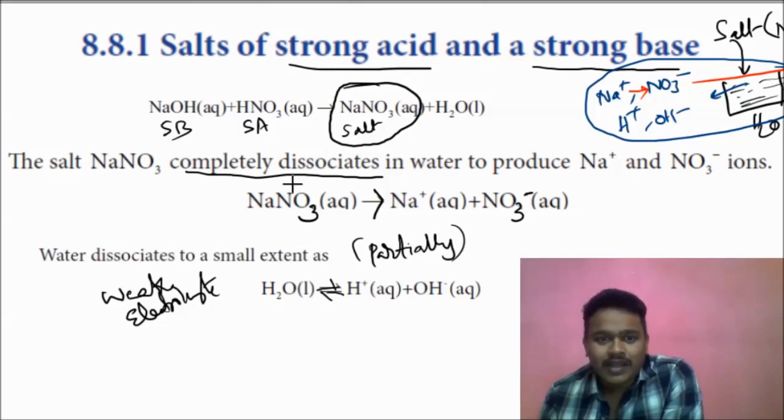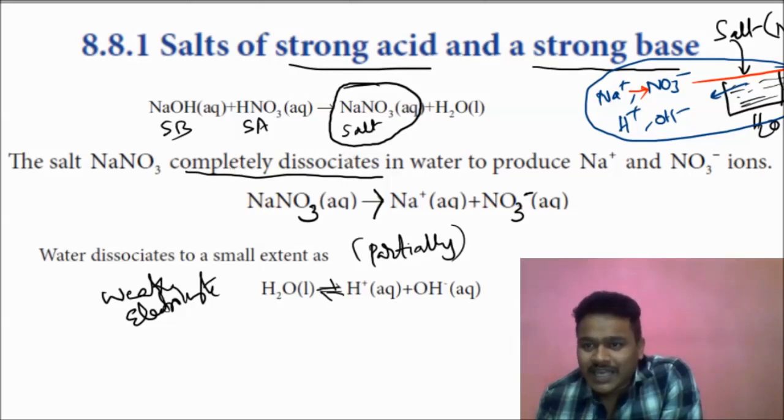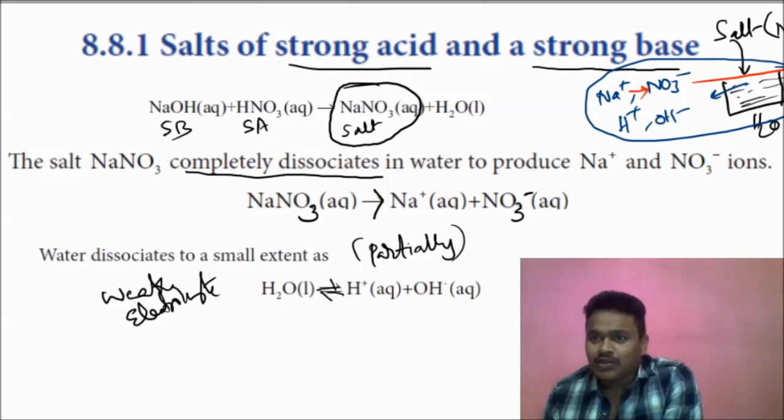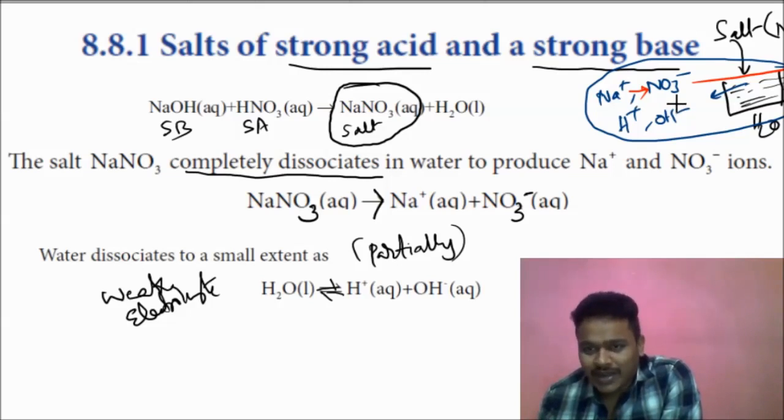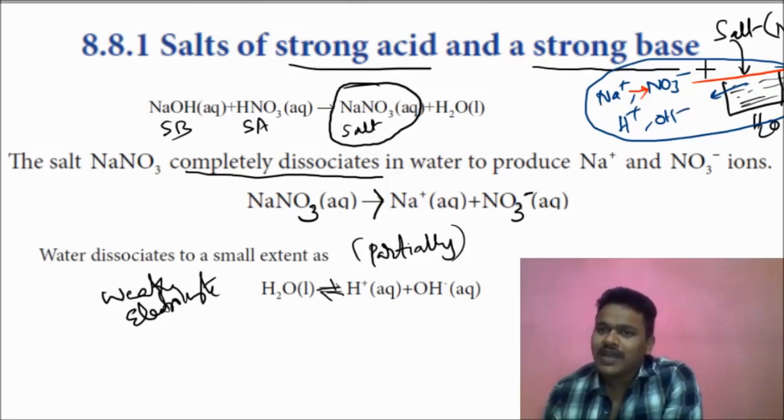NaNO3. But what you studied is that it is completely dissociated. Even though you expected NaNO3 forming, it immediately dissociates completely into Na plus ion and NO3 minus ion, because it is a salt. Completely dissociated means the same ions are formed again. So this tendency will not happen.